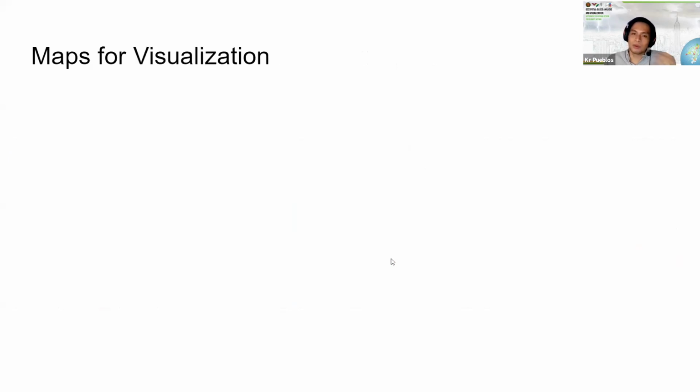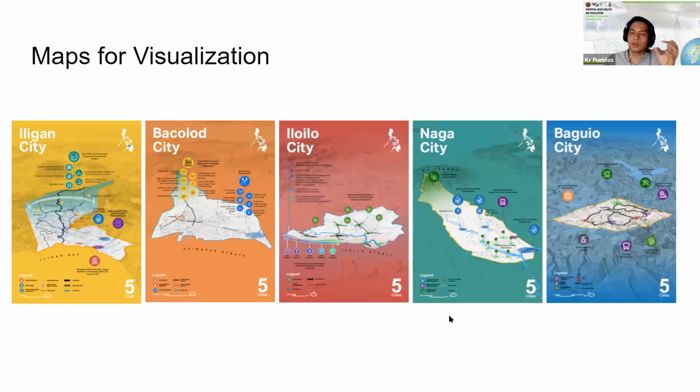So one part of what we did was we tried to visualize how these projects would look mapped out and try to make it look exciting, using graphic design and communication techniques to get stakeholders excited, to get your constituents looking at the map and seeing, yes, that would be good for us. Yes, that's a project I'm looking forward to. It's something I would support, or something that would make them participate.